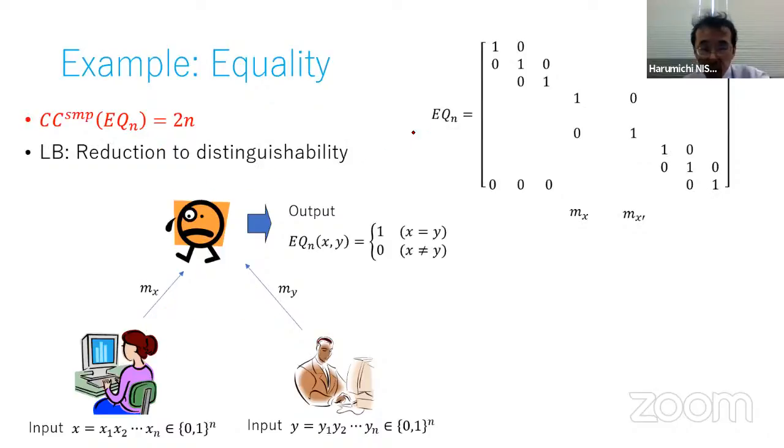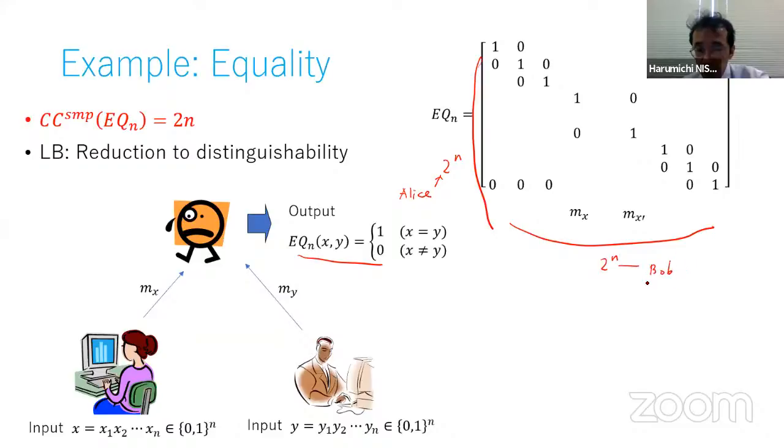This is because the equality function can be written as a communication matrix. The rows number 2 to the n, and the columns are also 2 to the n. This part is for Alice's input, and this part is Bob's input. Sorry, maybe I change this. This part is Alice, and this part is Bob.